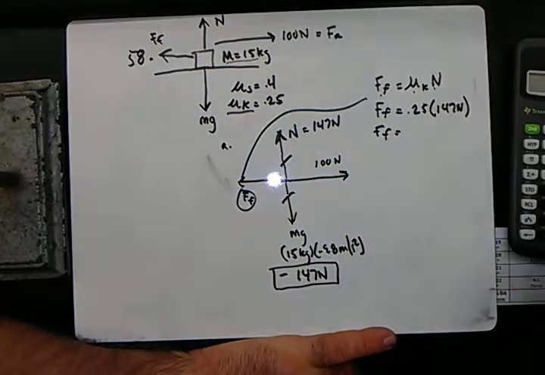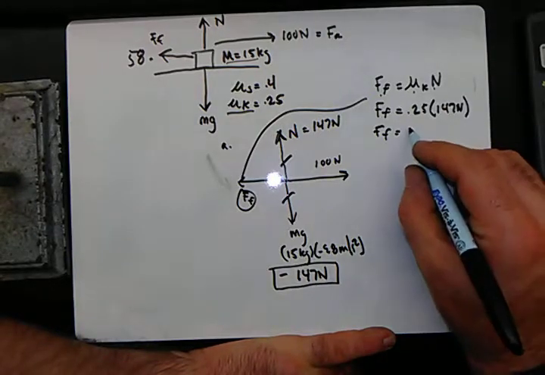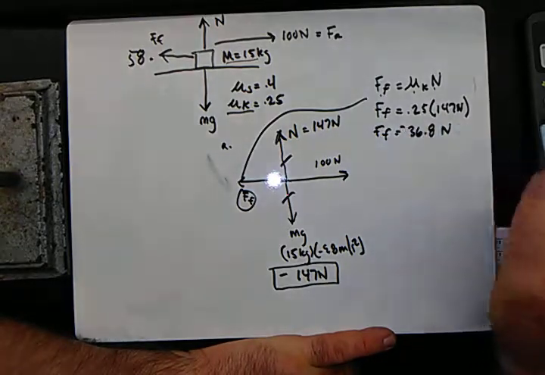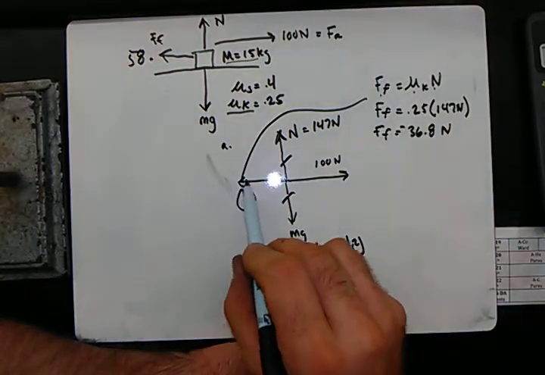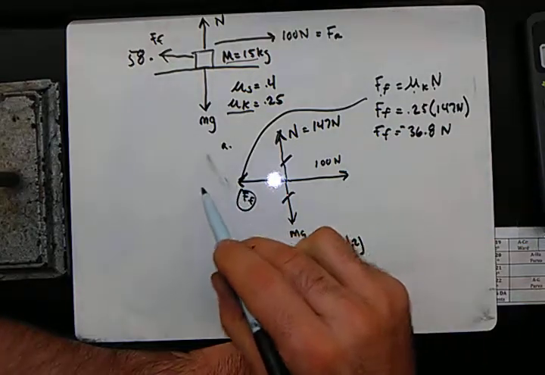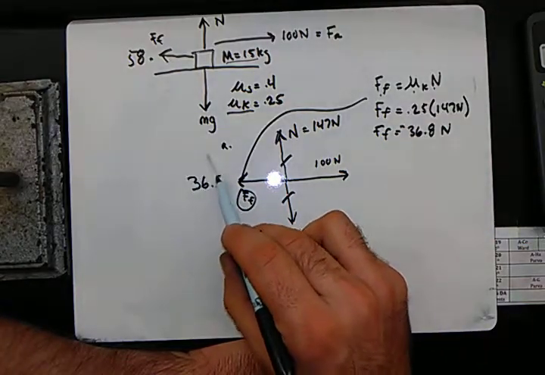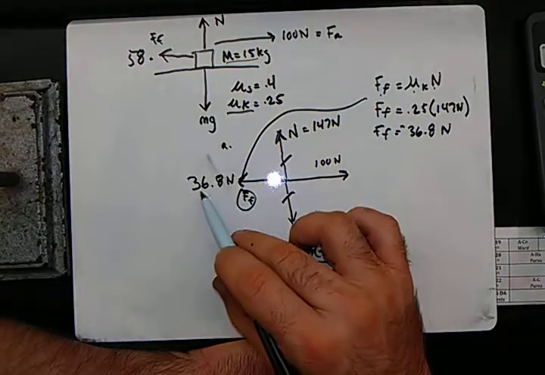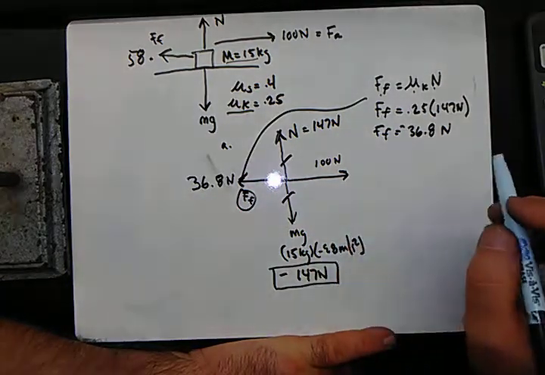So we found out what the force of friction is. It is pulling to the left at 36.8 newtons, and the applied force is pulling to the right at 100.